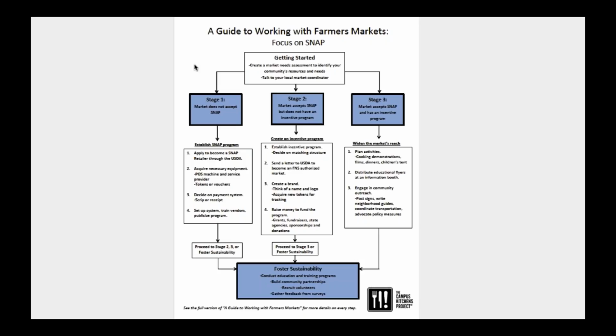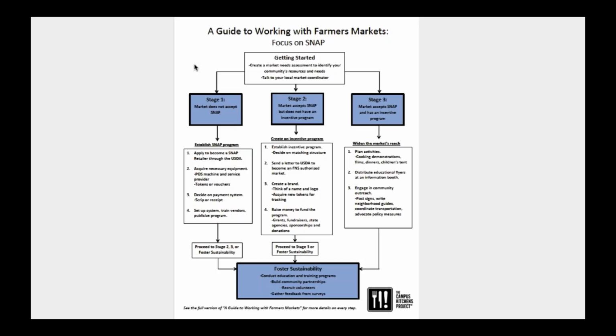For stage 1, I talk a lot in the guide about how to apply to become a SNAP retailer, how to acquire necessary equipment, and there's also a lot of information on budgeting and funding, and also how to accept other forms of assistance that I mentioned earlier, like the WIC and Senior Nutrition Program benefits.